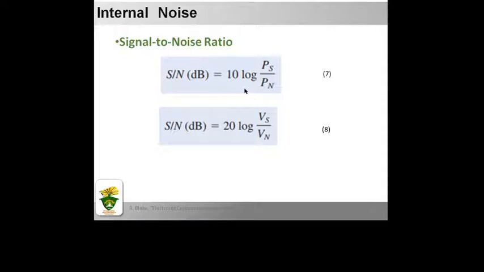Typical values of S over N range from 10 decibels for barely intelligible speech, and range up to 90 decibels for a compact disc audio system.